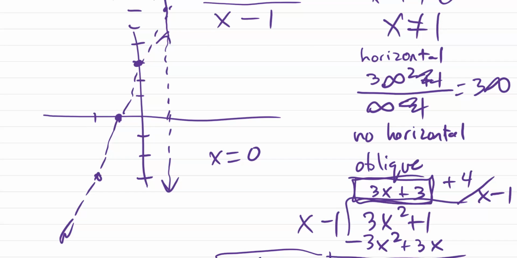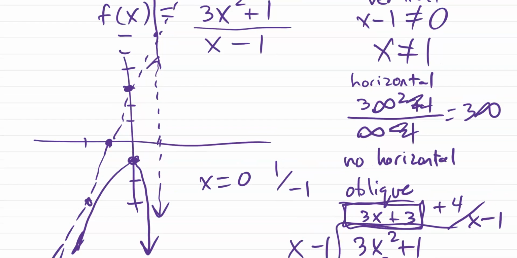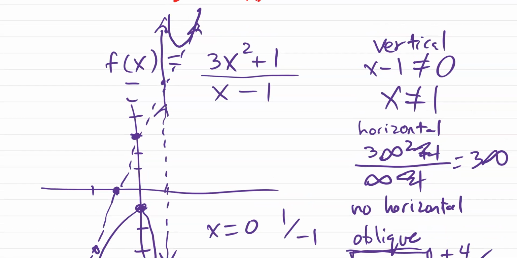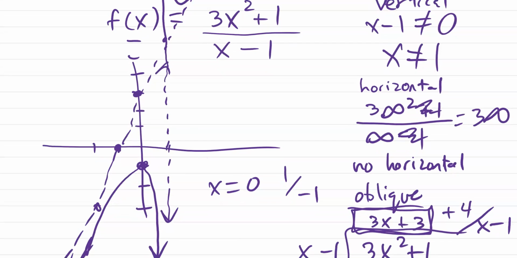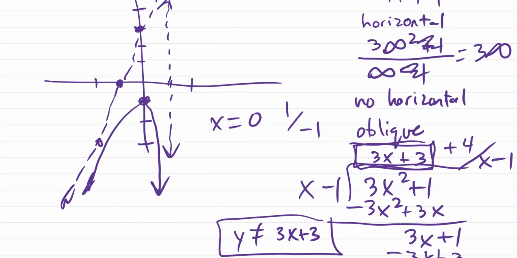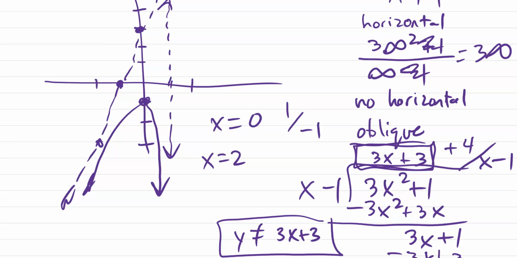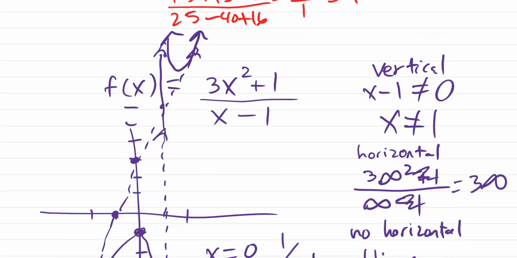Gives us 1 over negative 1. Down here. There's our first region. Then our second region must be up here. How do I check that? The other side of that would be 2. 3 times 4 is 12 plus 1 is 13 over 1. So way up here at 13. Okay? I'll double check this. 3x squared plus 1.